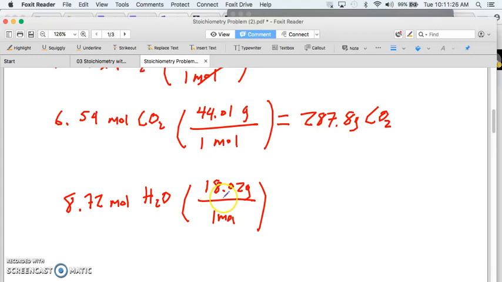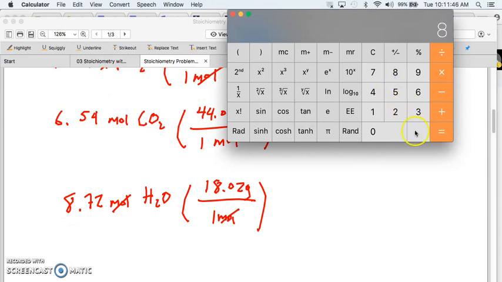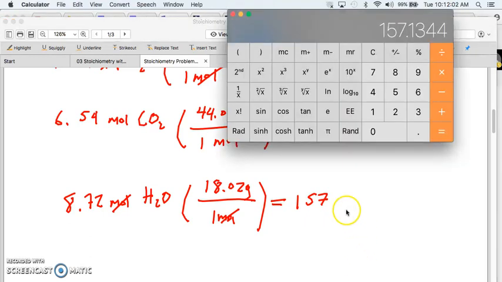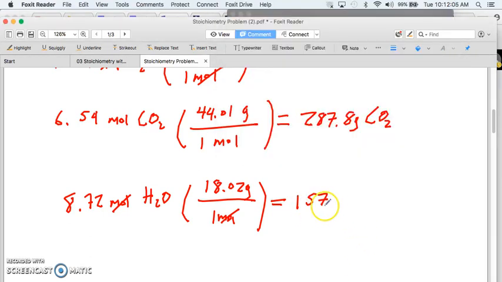You need to make sure that you remember the atomic mass of most elements. I assume most of us know hydrogen's 1.01, but regardless, go ahead and check yourself with the periodic table. Make sure you're doing it right. There's nothing wrong with that. 8.72 moles times 18.02 grams per mole. Okay, 157.13 grams of H2O.